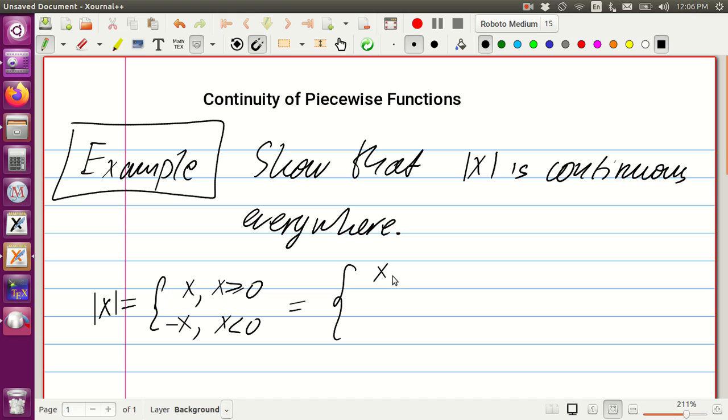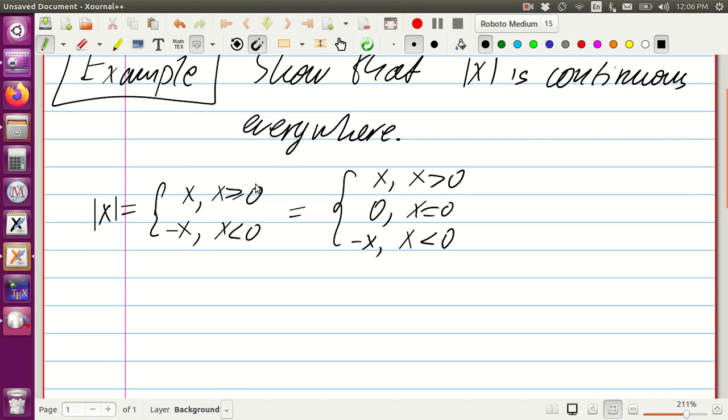So we'll say that it's x when x is strictly greater than 0, it's 0 when x is equal to 0, and it's negative x when x is less than 0. So again, we just took this specific value 0 and put it as a separate piece because it would be a little bit more useful for this particular exercise.